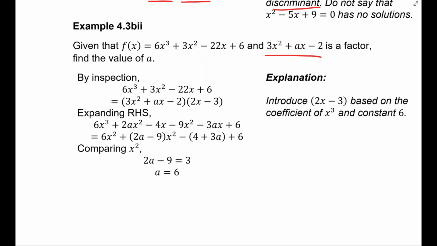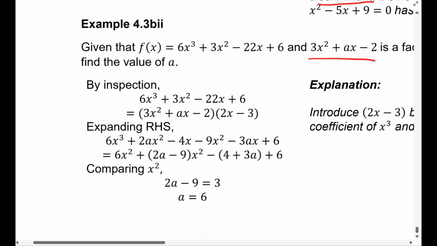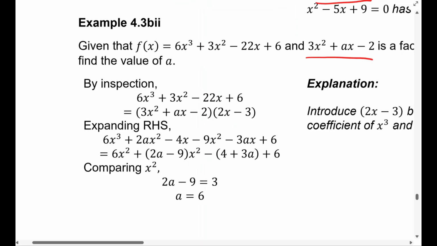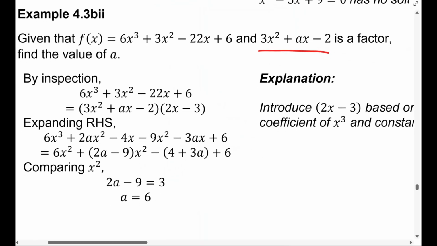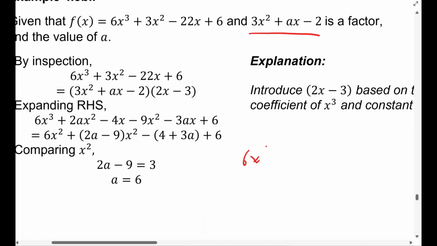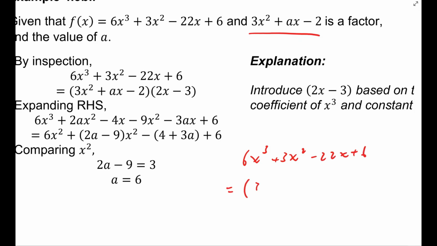So what do I mean by that? Let's go step by step. First step, by inspection, we'll get our 2x minus 3. So how does that happen? Firstly, we can write out our polynomial equals our known factor given in the question.